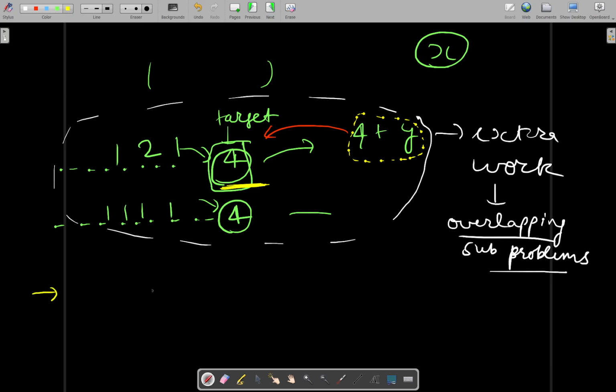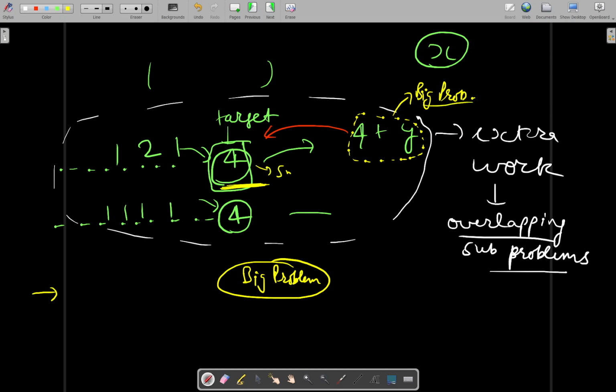So another condition is satisfied here: a bigger problem and a smaller problem. This is a big problem, let's say, and this is a smaller problem.